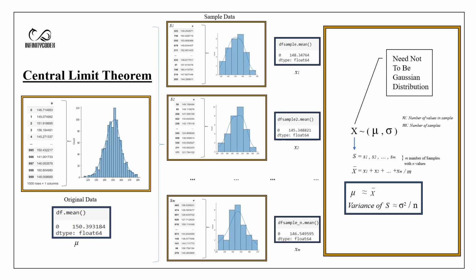Then the distribution of those means should follow a normal distribution. In this example, you can see that our original dataset mean is 150 and our sample dataset mean is around 150. So, if we took the average of all those sample means, it would be almost equal to our original dataset mean, and the same goes for the variance.